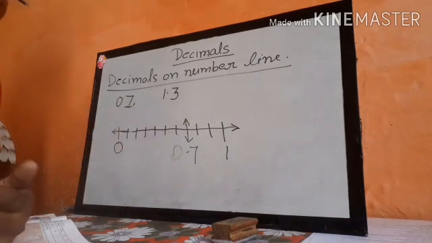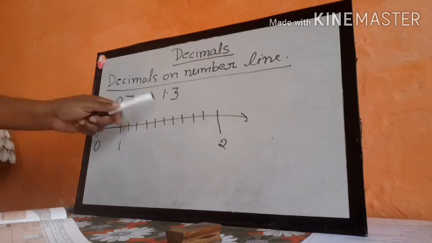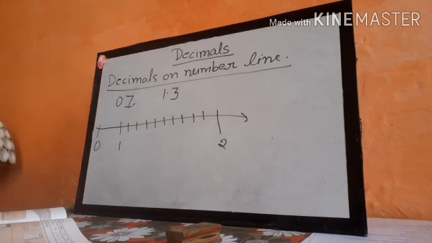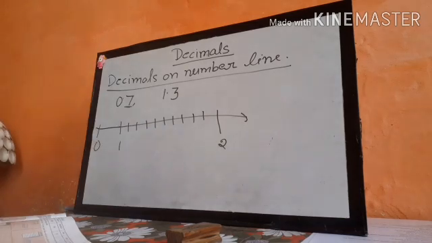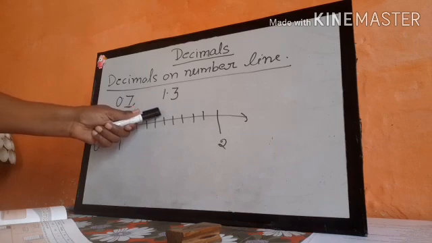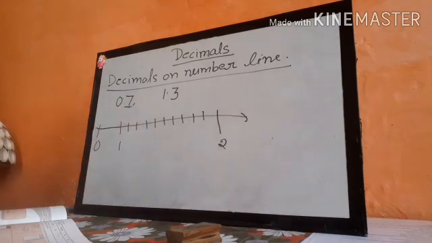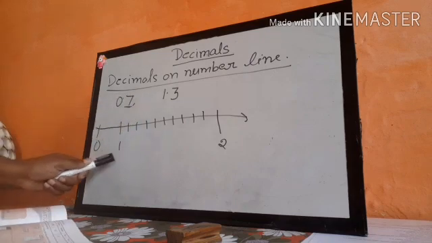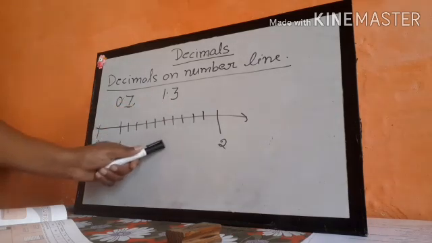Now come to the next example, that is 1.3. Students, the value of this number is greater than 1, and less than 2. So on the number line I am choosing 1 and 2. Here this one represents the whole number 1, and 0.3 will come into the gap between 1 and 2.